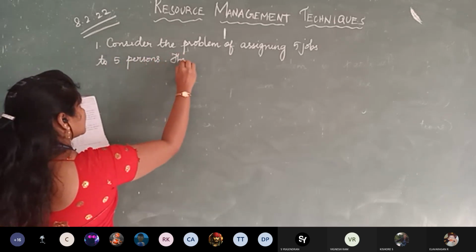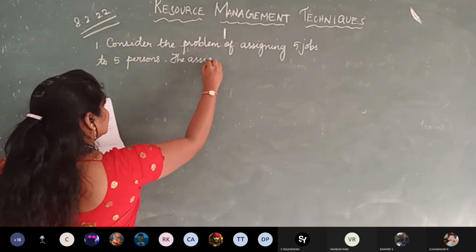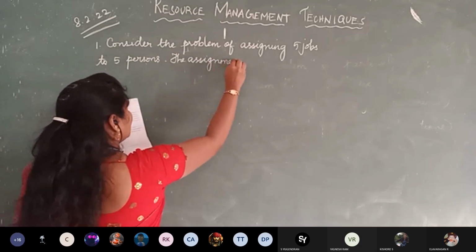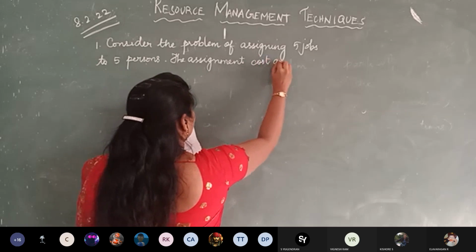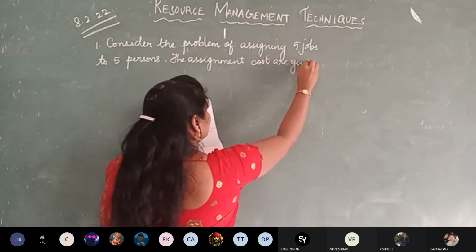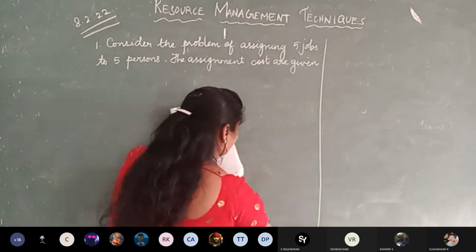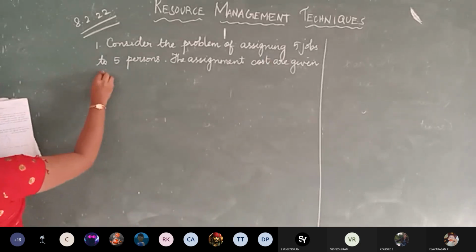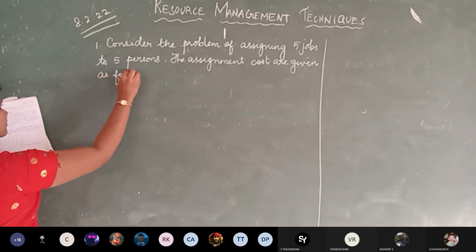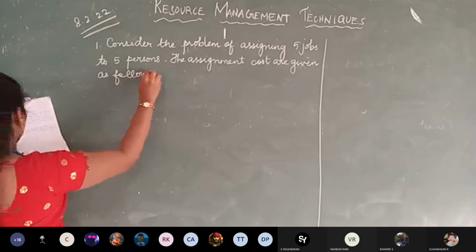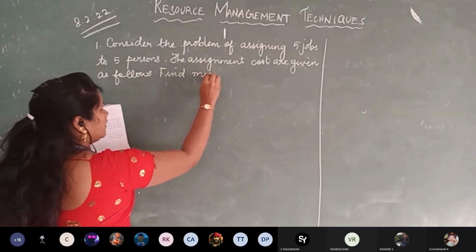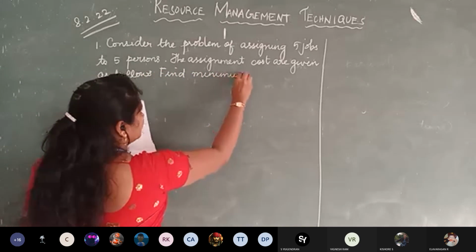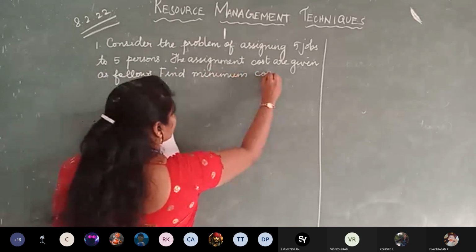The assignment costs are given as follows. Find the minimum cost. So they are given, you have to find out the minimum cost.